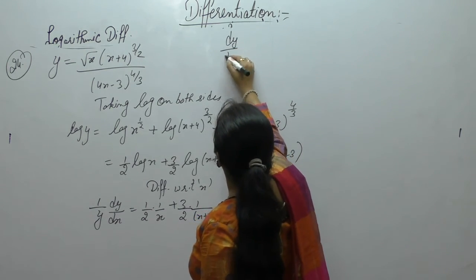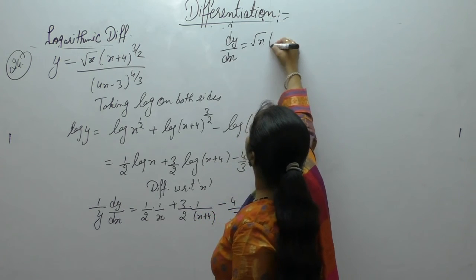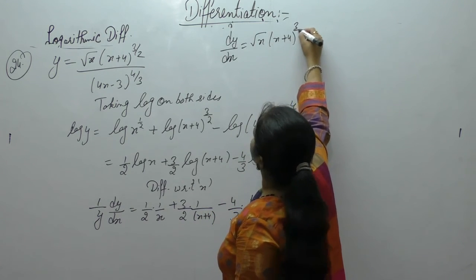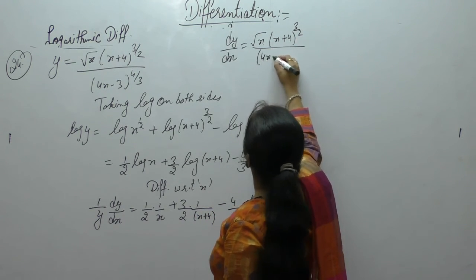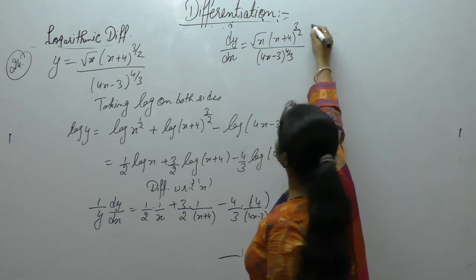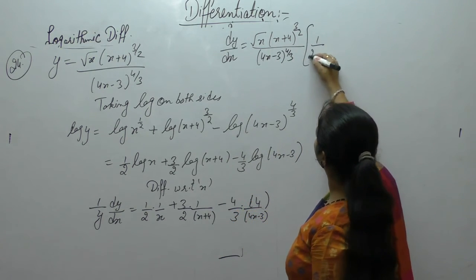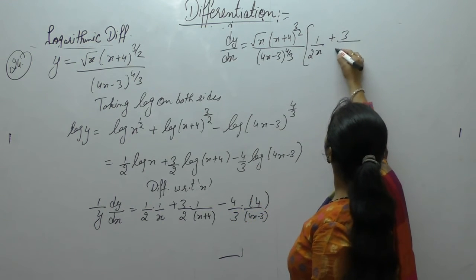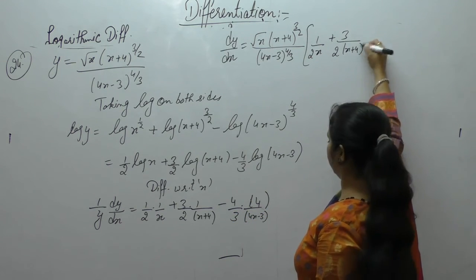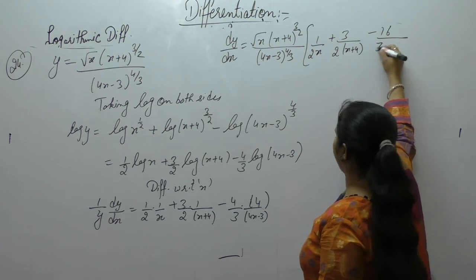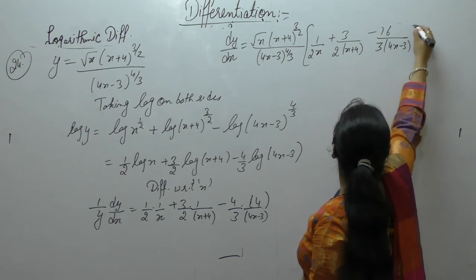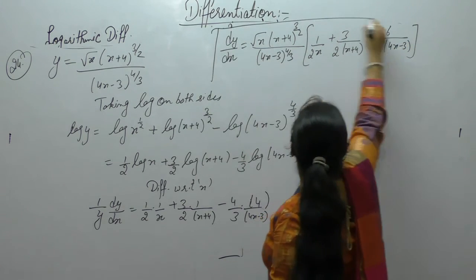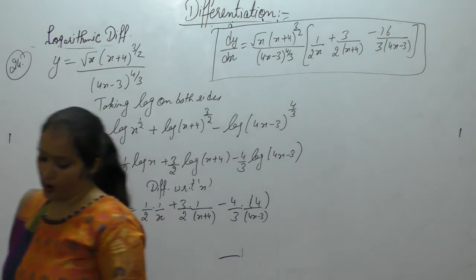So we get dy upon dx, y, put the value of y here, root x (x plus 4) power 3 by 2 over (4x minus 3) power 4 by 3, 1 upon 2x plus 3 upon 2 (x plus 4) minus 16 upon 3 (4x minus 3). So this is the value of dy upon dx.